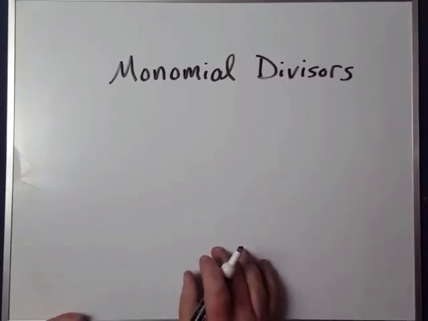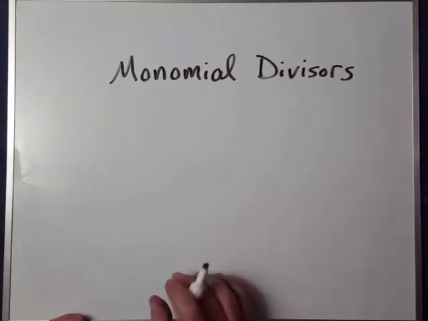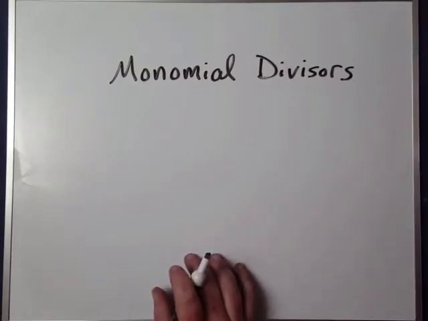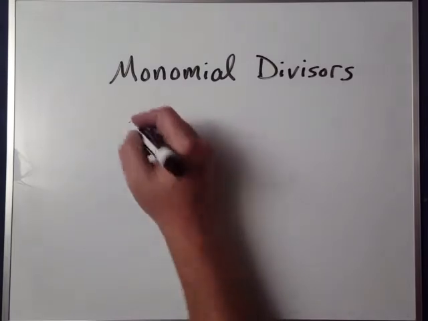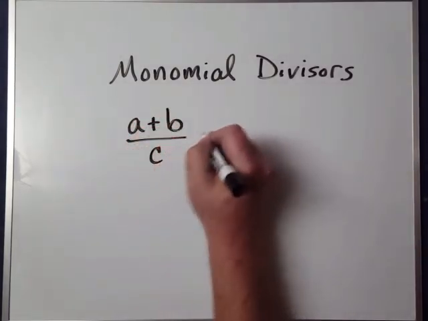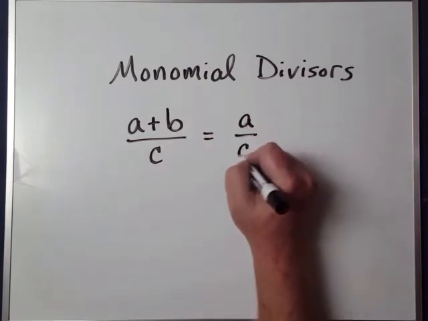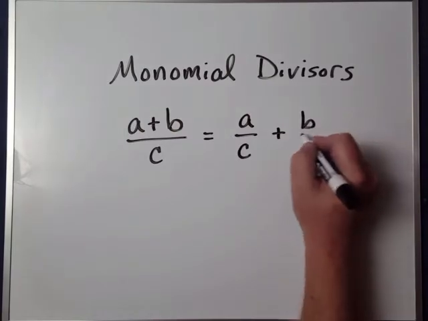To divide any polynomial by a monomial, she gives us a rule here in the textbook toward the beginning of the section, page 311. And I want to look at this rule very closely because it should look familiar to you.